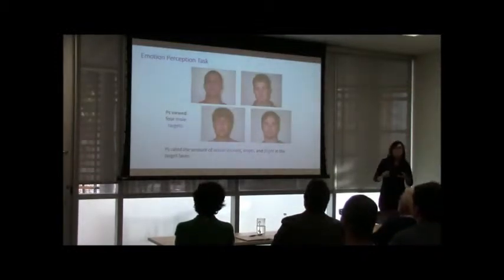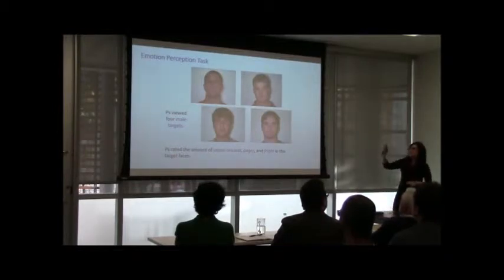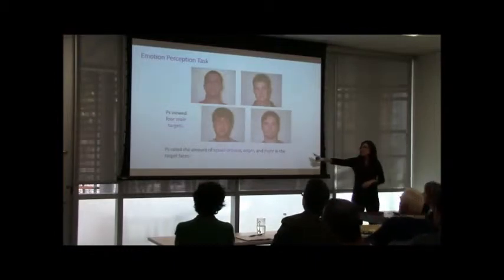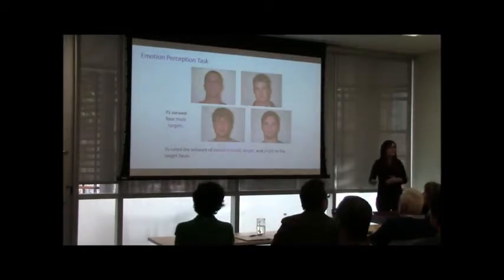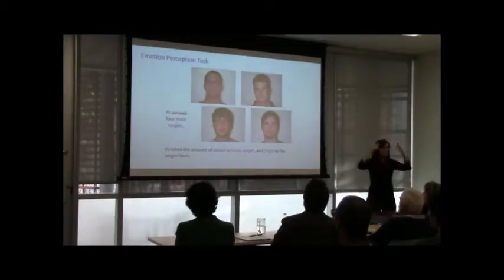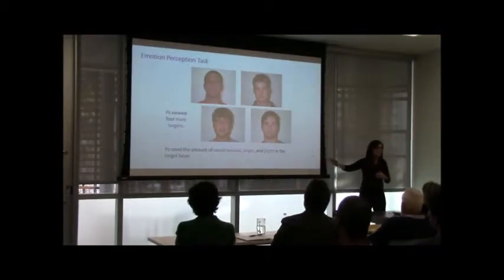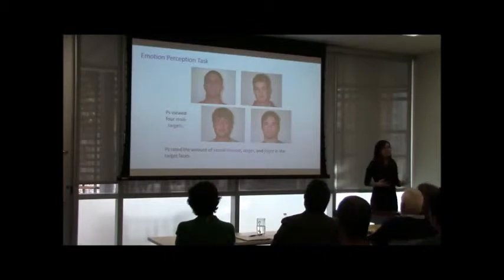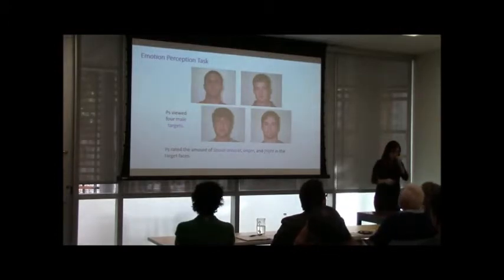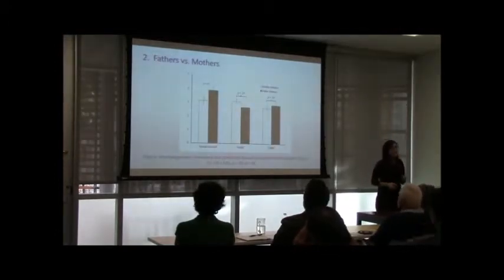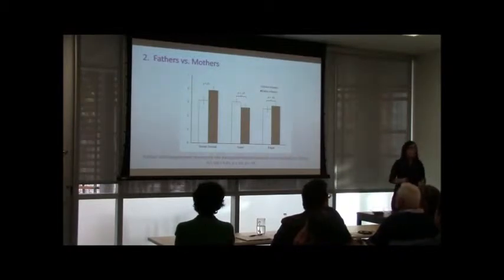The women across both conditions were presented with 4 male target faces, and they were asked to rate the amount of sexual arousal, anger, and fright that they perceived each man to be experiencing. And these men were all instructed to have neutral faces on, so they weren't really experiencing anything, but we wanted to see if women would perceive the men to be experiencing more sexual arousal. And we found a significant two-way interaction between priming condition and target emotion.